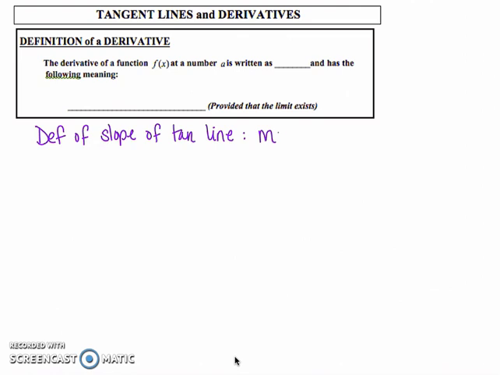That m is equal to the limit as x approaches a of f of x minus f of a over x minus a, okay?